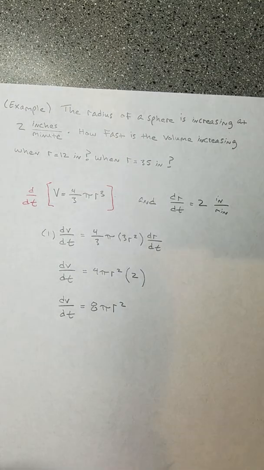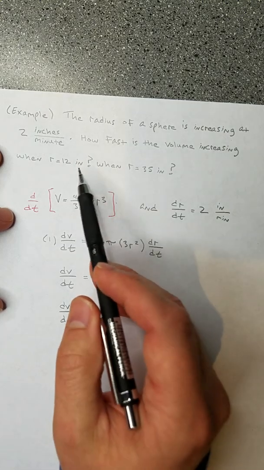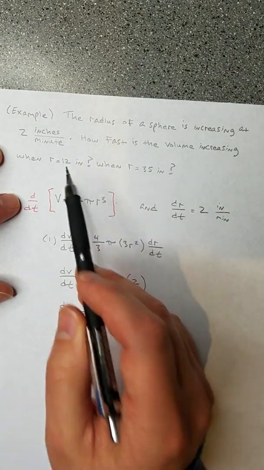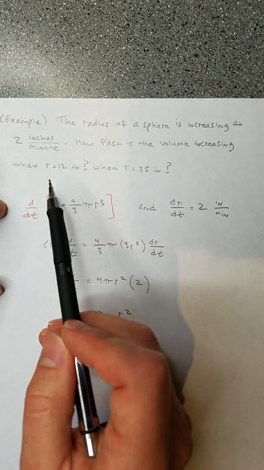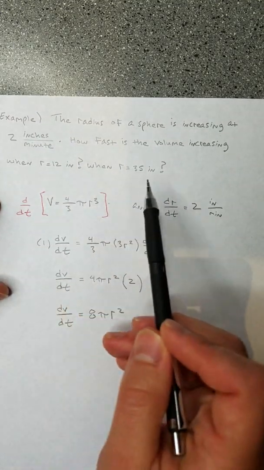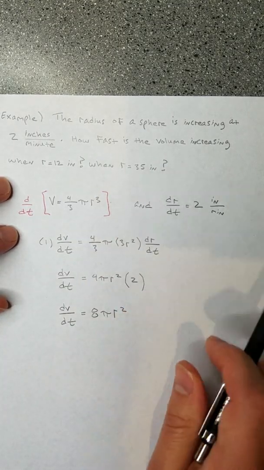All right. Okay. Now, let's figure out how exactly the volume is changing when the balloon or the sphere is different sizes. Notice it says how fast is the volume increasing when the radius is 12 inches versus 35 inches. Okay. Now, I would suspect different.